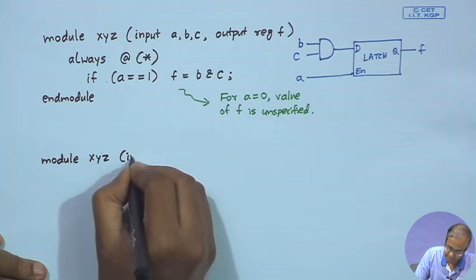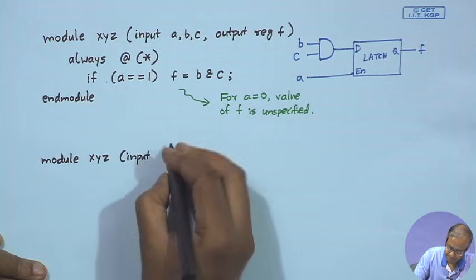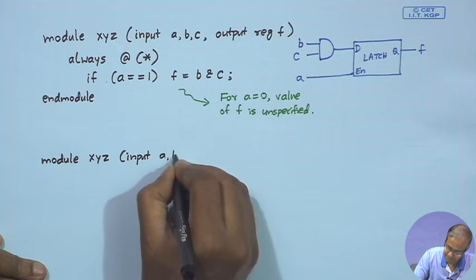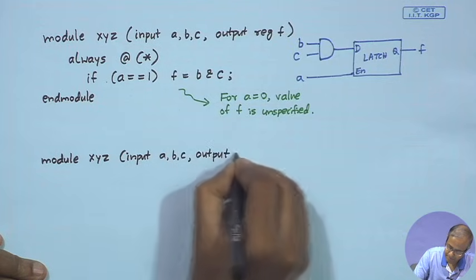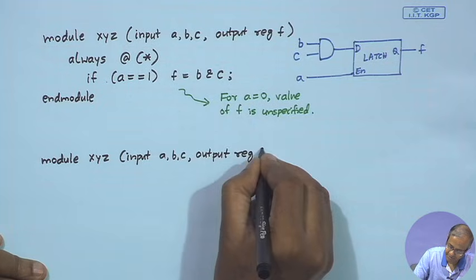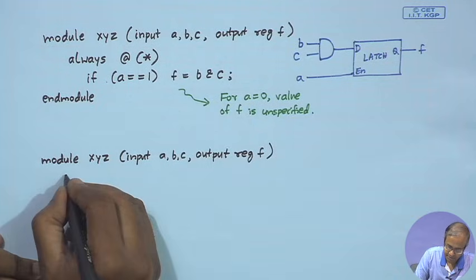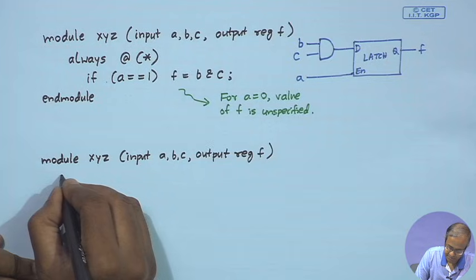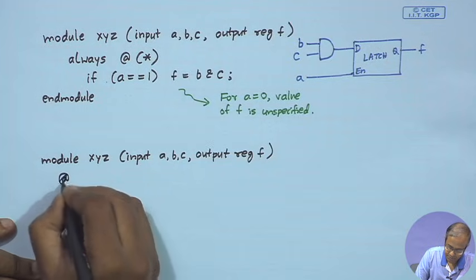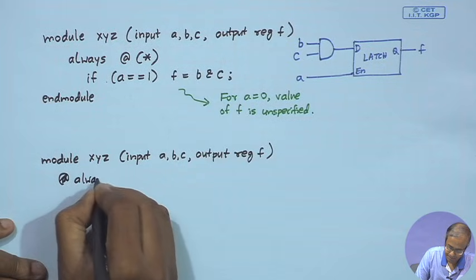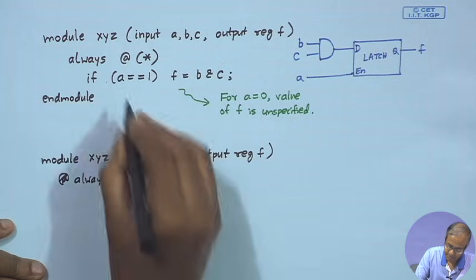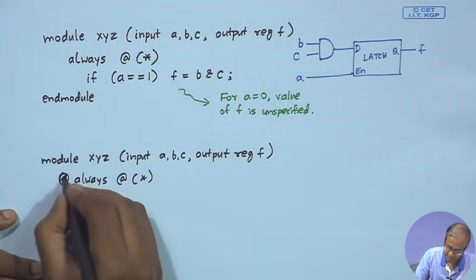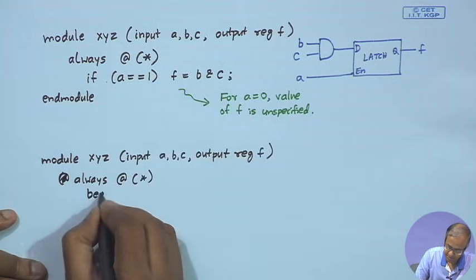So, we are using the same example, same parameters, output reg f. Now, here there will be two statements, that is why I am giving an always @(*). Here there was one statement, no begin end was required, but here I am giving a begin end.